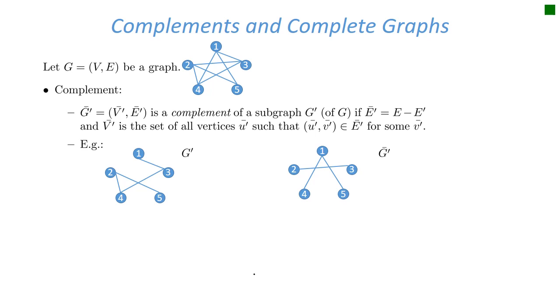Now let us see what the complement of this subgraph will be with respect to this original graph G. In the original graph, the edges that we removed to get G prime were (1, 4), (1, 5) and (2, 3). So if we considered only those edges and the corresponding vertices, then we get the complement G prime bar of the graph G prime.